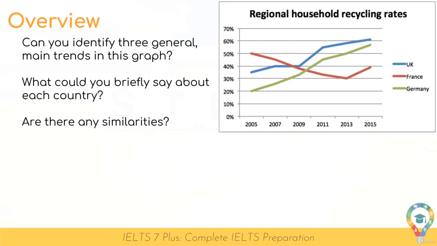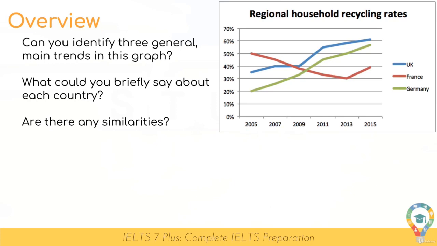What could you briefly say about each country? And are there any similarities that you could quickly discuss? Pause the video now and in note form, so not full sentences, try and identify 3 general trends in the line graph shown, and then I'll show you my ideas.